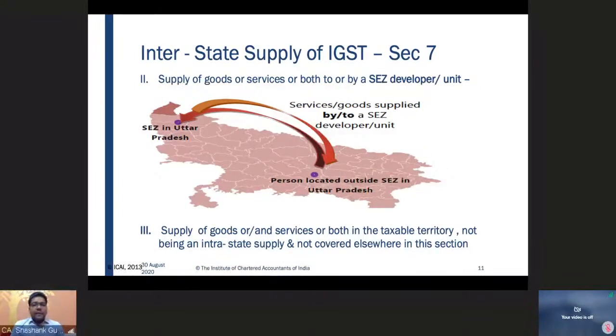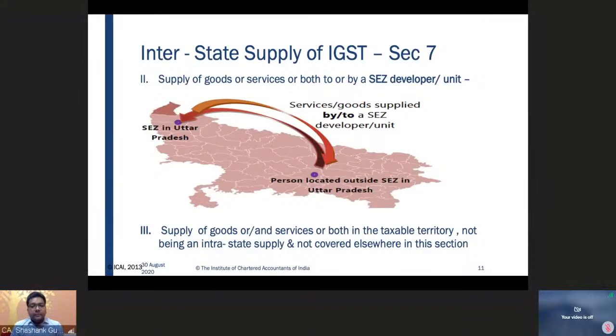Another type of supply which is covered under IGST is supply of goods or services or both to or by a SEZ developer or unit.